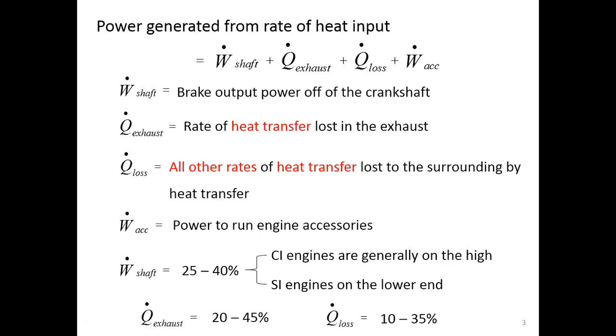So if we look at this kind of picture, the shaft work that we receive will be 20 to 40%, in which for the CI engine the number usually goes high, and for the SI engine it usually goes on the lower end. For the exhaust, it's going to be about 20 to 45%, and to the surroundings about 10 to 35%.